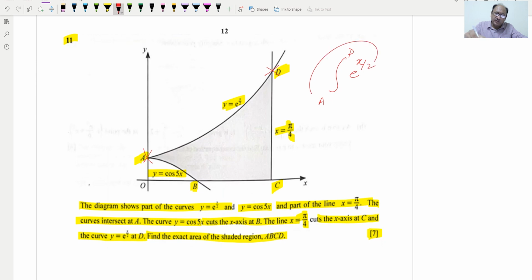So we'll be finding this area under the curve, and then we will be subtracting the area which is this white portion, and that we will find from the integral of y is equal to cos 5x.